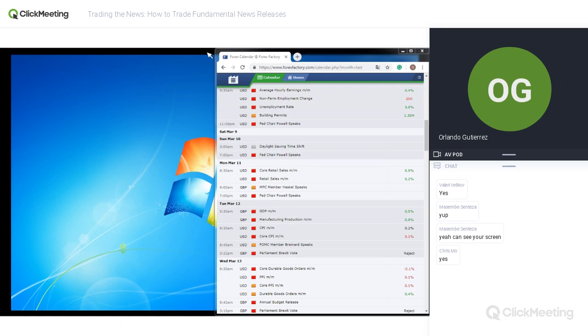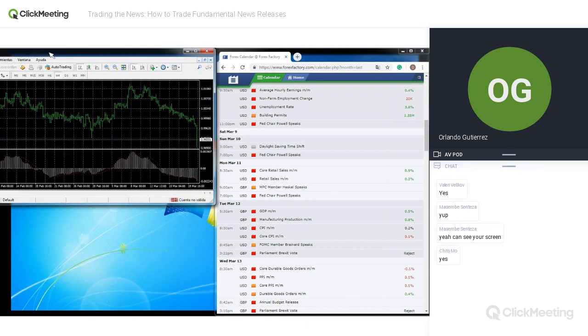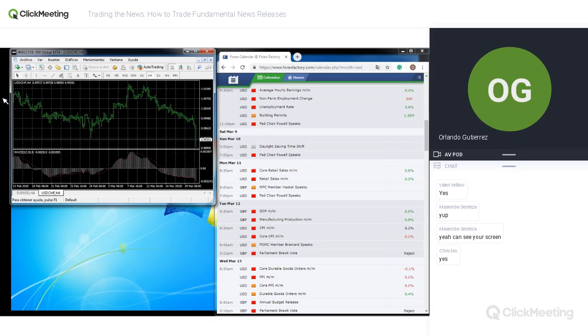Now, I just downloaded this MT4, so I haven't had the time to mess with the interface. So I'm going to use the default one. All right, here we go. That's more like it.